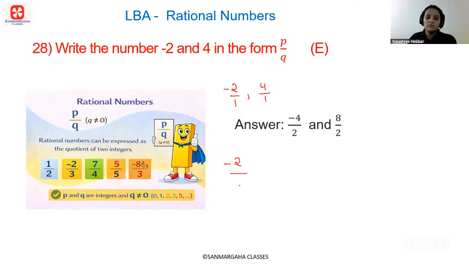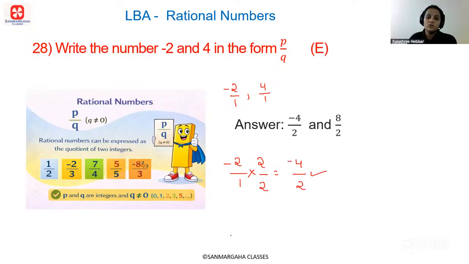Minus 2 by 1, multiply the same number with the numerator and denominator, that is minus 4 divided by 2.